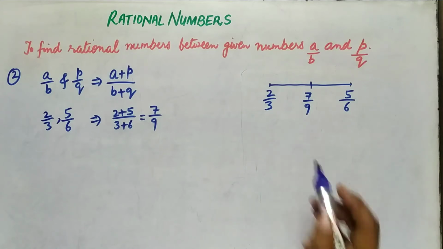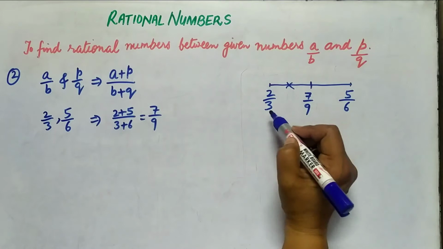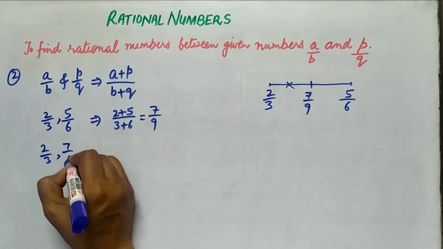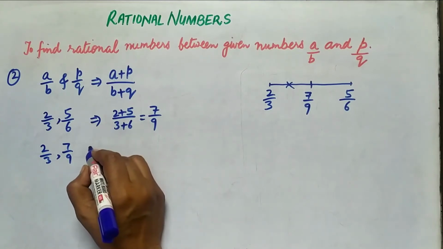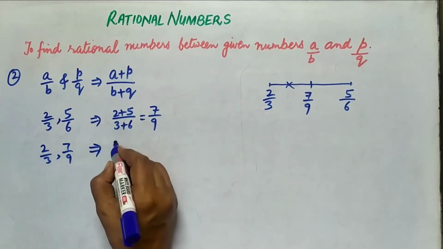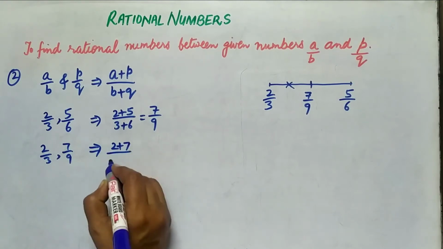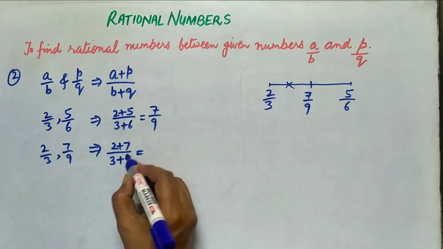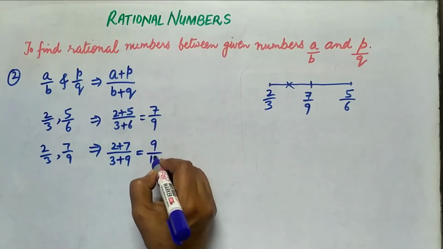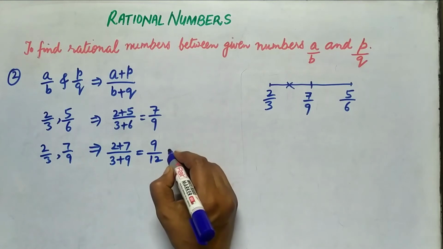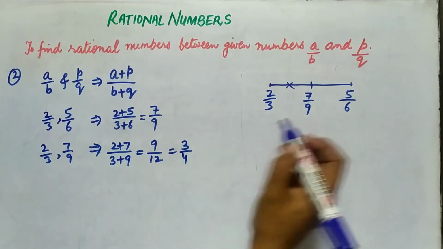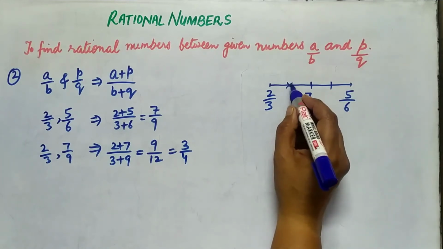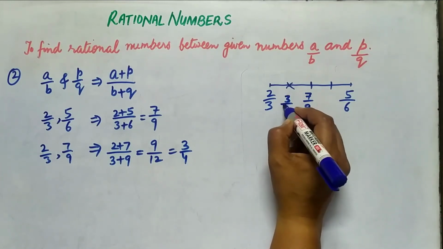Again we find a number here, adding these two, now 2 by 3 and 7 by 9. It will give sum of numerators 2 plus 7, sum of denominators 3 plus 9. It is 9 by 12, or we can say 3 by 4 after cancellation. It is here, 3 by 4.